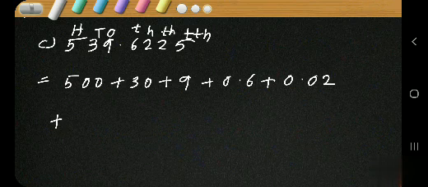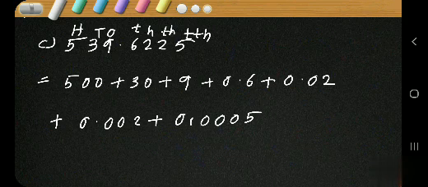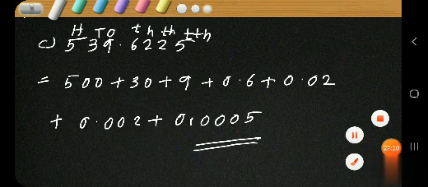Plus next 2, third place in the decimal part, 3 decimal places, 0.002. Plus next comes 5, fourth place in the decimal part, 4 decimal places, 0.0005. This is the required expanded form. Got it?